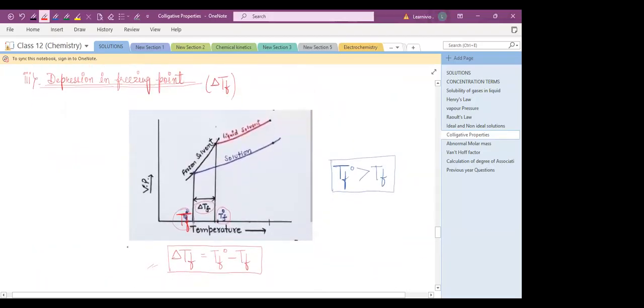Now just write it from here. Just draw the graph, and just write down all the points. Yeah, this is TF, not TF not. It's only TF.